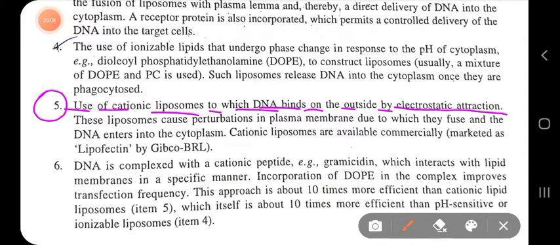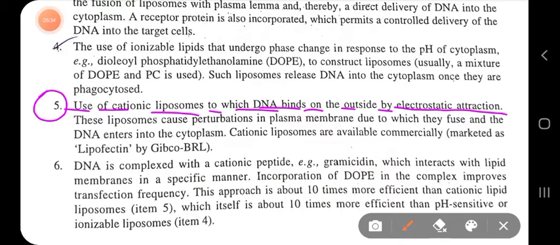We use cationic liposomes, positively charged liposomes, to which DNA will bind on the outside. We know DNA is negatively charged because of the phosphate groups on its backbone, and on the outside it binds with the positively charged cationic liposomes.